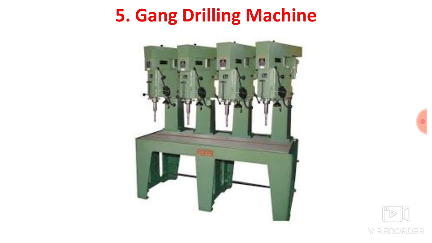Now these spindles are controlled by individual motors, so you can rotate each drill bit with a different speed and give different feeds to the different drill bits. So that is the advantage of the gang drilling machine. Why is it known as a gang drilling machine? Because there are 4 to 6 spindles, so it is like a gang.